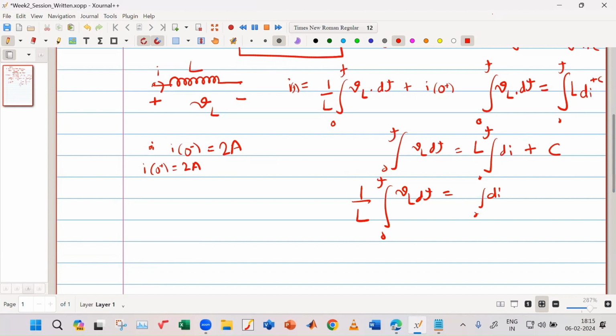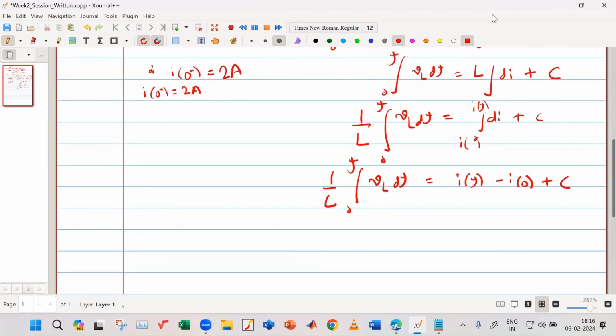It won't be 0 to t, it will actually be integration of I, so it will be I of 0 to I of t, plus C. So that is 1 by L integration 0 to t VL into dt equals I of t minus I of 0 plus C. So we further write it as I of t is equal to 1 by L integration of VL into dt plus I of 0 minus C.